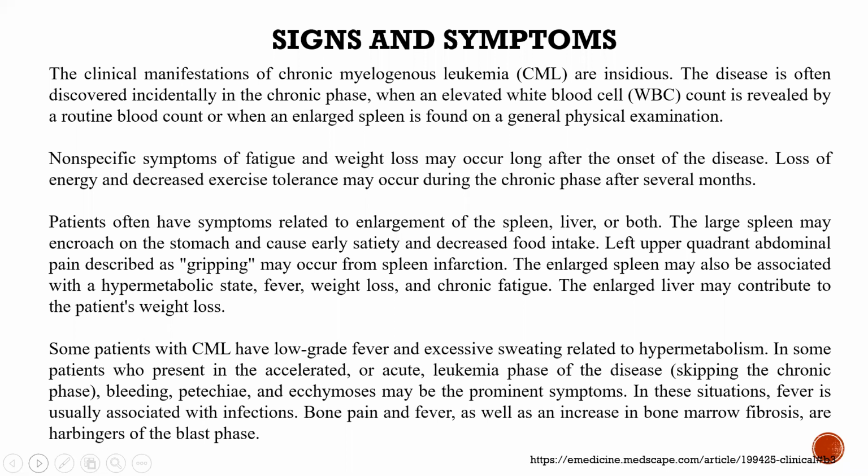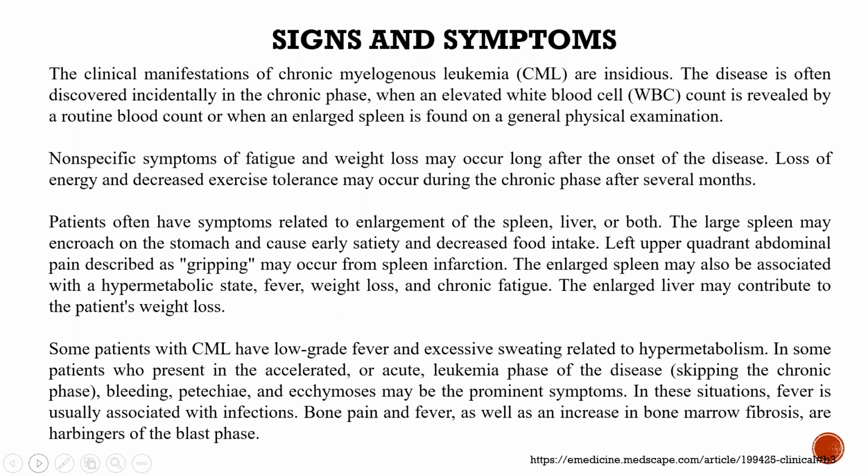The disease is often discovered incidentally in the chronic phase when an elevated white blood cell count is revealed by a routine blood count or when an enlarged spleen is found on a general physical examination. Non-specific symptoms of fatigue and weight loss may occur long after the onset of the disease.